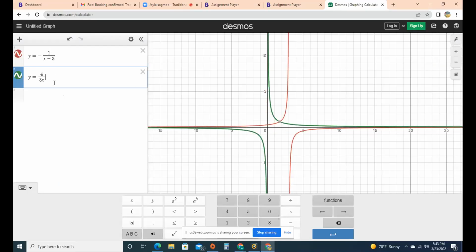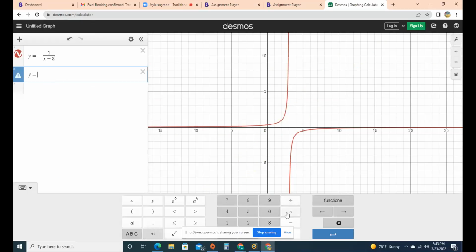And then the next line is going to be x minus 4 in the top. So you need to do a slash, like right now, x minus 4. That looks good. And then over x squared minus 27.